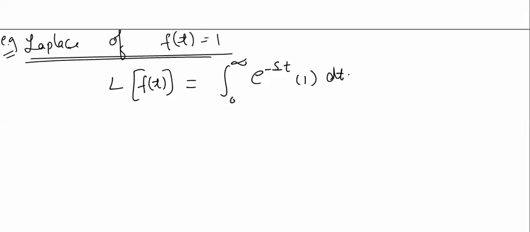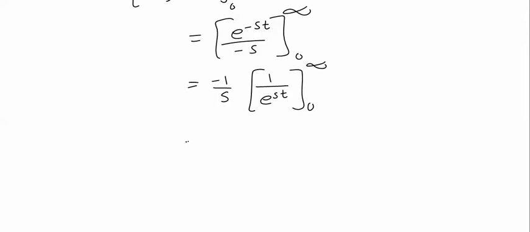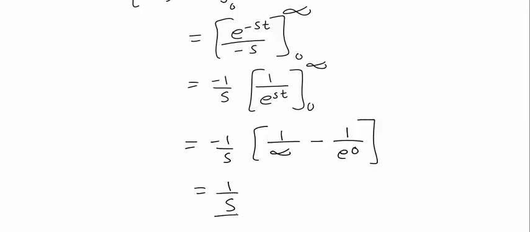So the integral equals e raised to minus st upon minus s, with limits from 0 to infinity. It is 1 by minus s, so it becomes 1 upon e raised to st, limits 0 to infinity. If I substitute the limits, e raised to infinity becomes infinity, so 1 over it is 0. This is nothing but minus 1 by s of (1 upon infinity minus 1 upon e raised to 0, which is 1). So it is 1 by s.